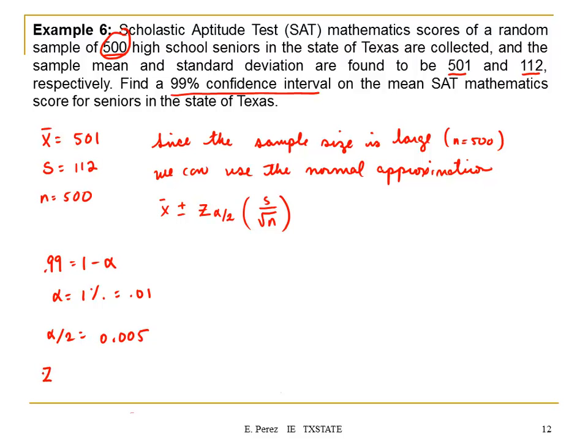And the z value for 0.005 equals 2.575. Again, these values come from inside the standard normal table. So you need to go inside the table and find the value for z.